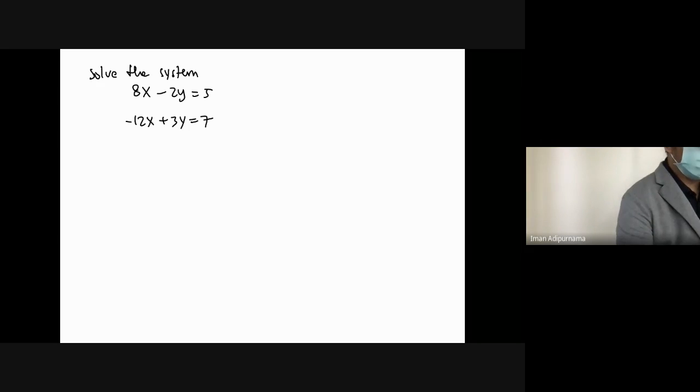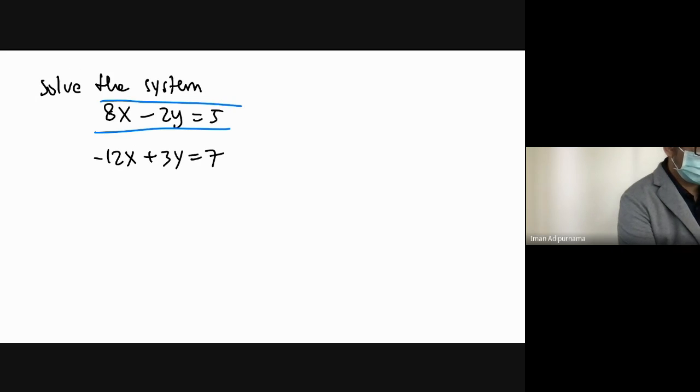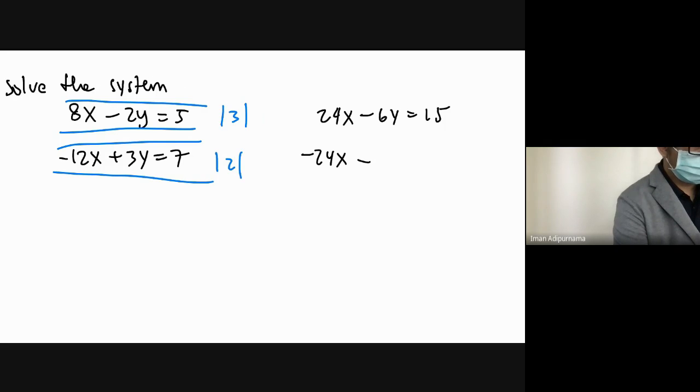Okay? So if we try to work it out, maybe this will be multiplied by 3. This will be multiplied by 2. So you will have 24x, and this will be negative 24x, 2, 6, 2, 14.